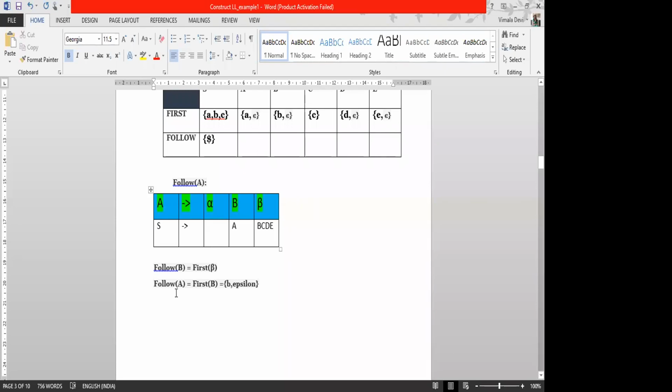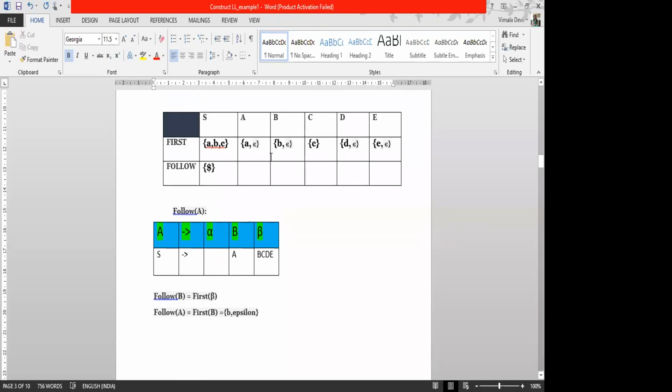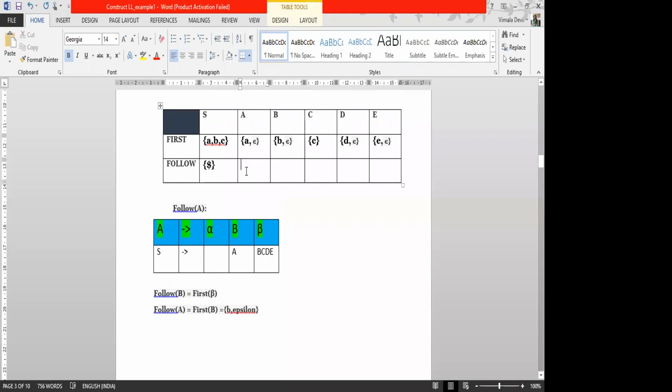Okay, but follow of A we identified as first of B, but first of B contains epsilon. So what to do now? First, we will include follow of A as b now. I will write it here. Please check the table. Follow of A contains this b. There is no doubt in that. But it contains epsilon also, but I cannot write epsilon here. So what do we do? I should replace this B by epsilon in my rule.